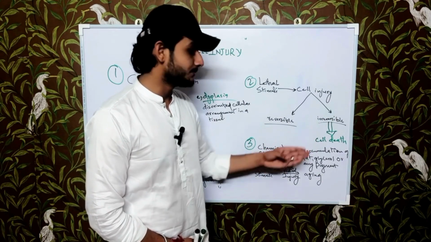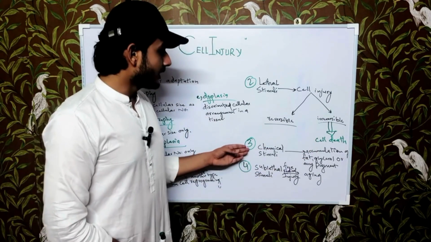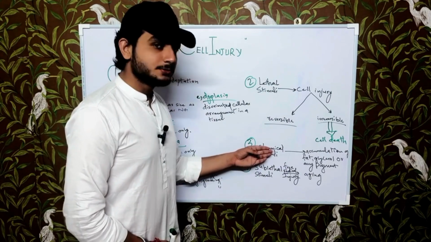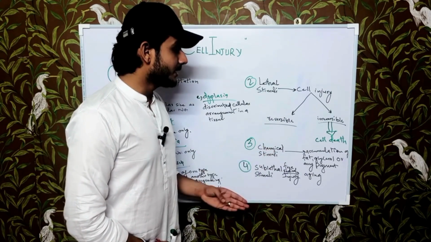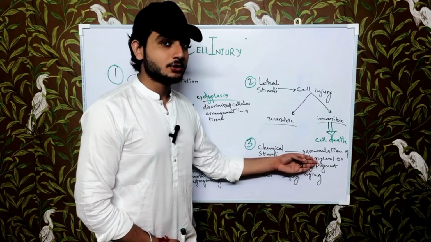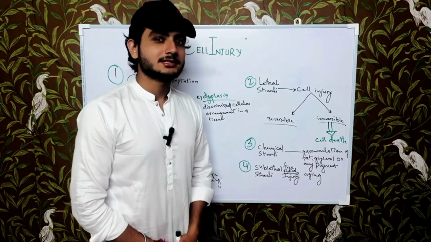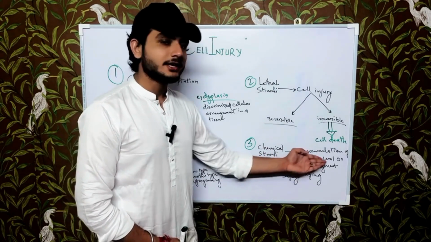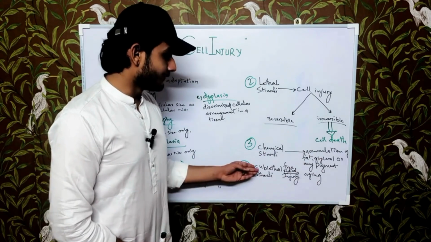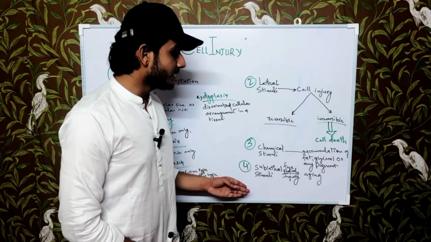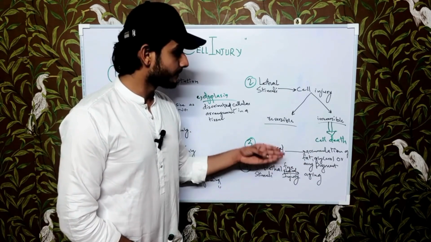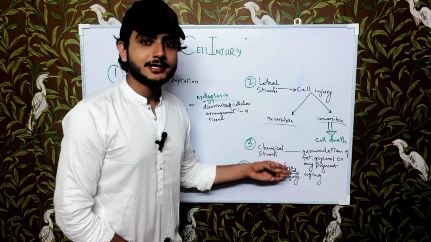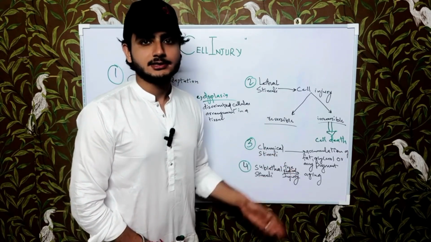This point is very important for you to learn. Now the third: what is the stimulus in this case? The stimulus is chemical. The cellular response is the accumulation of certain substances, which include fat, glycerol, or any other pigments. The fourth one is the sublethal stimuli. Sublethal stimuli include free radical injury. Due to free radical injury, the cell responds by the aging process.